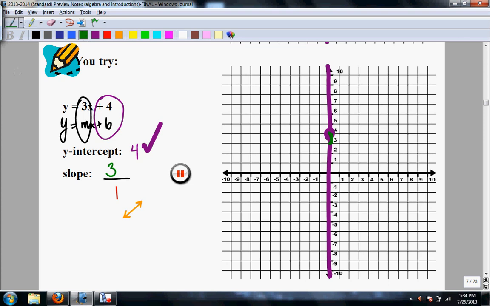I'm going to drop 3, 1, 2, 3, and go over 1. Or I could go up 3, 1, 2, 3, and I can go over 1 to the right. But notice I'm choosing my directions. I ultimately want my line to tilt upwards from left to right. So your line should look like this.